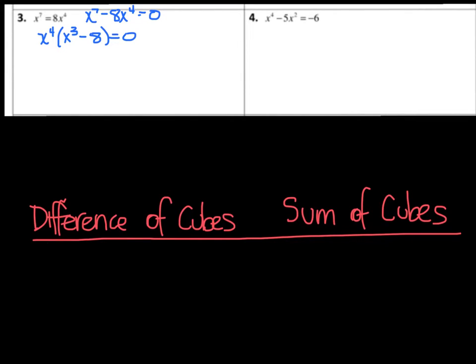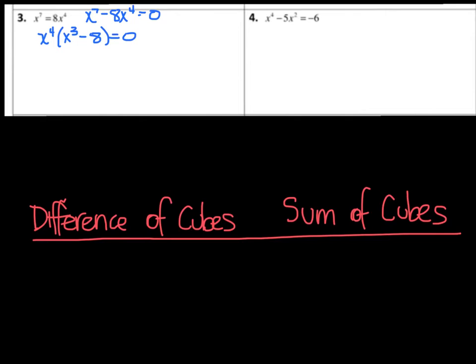Right now I have a binomial that is 2 things subtracting, so the subtraction stands for difference. This is a cube, x times x times x. This is a cube, 2 times 2 times 2. 2 cubed gives me 8, x cubed gives me x cubed. So I'm going to have to factor this using these formulas.